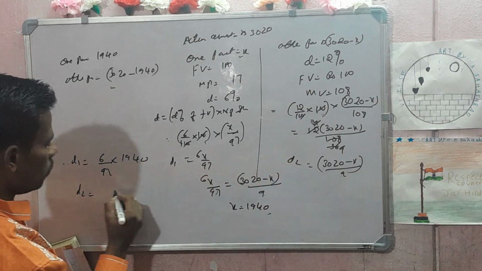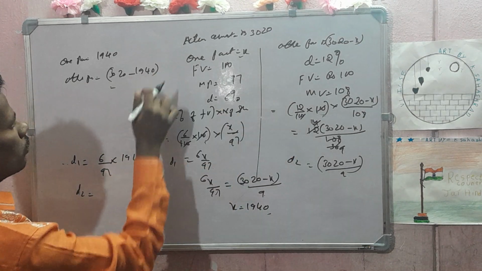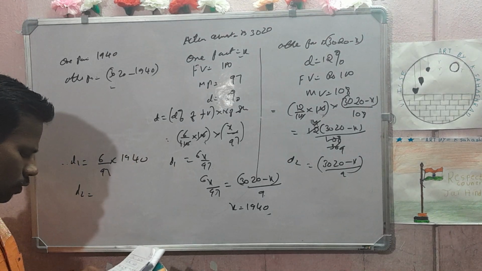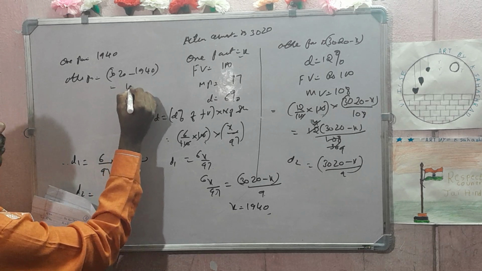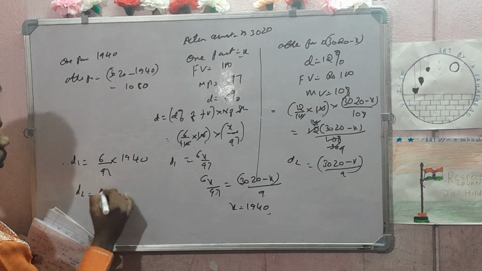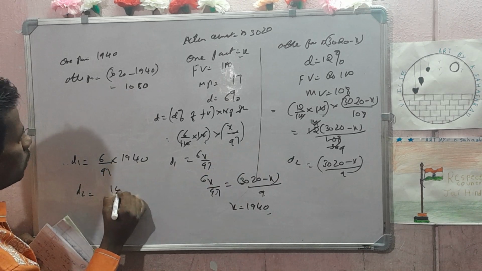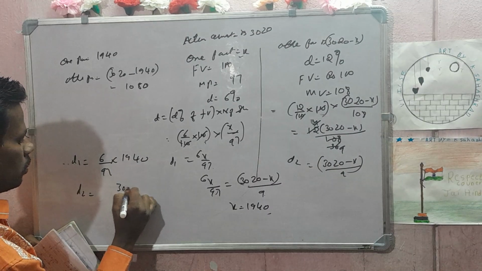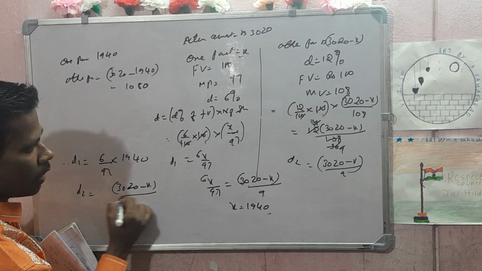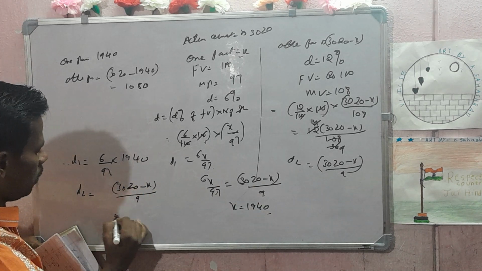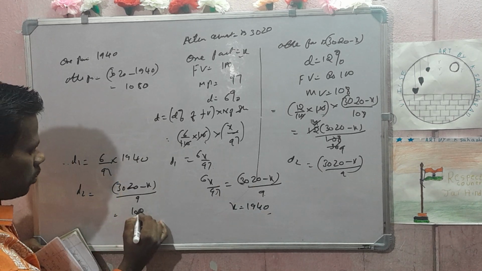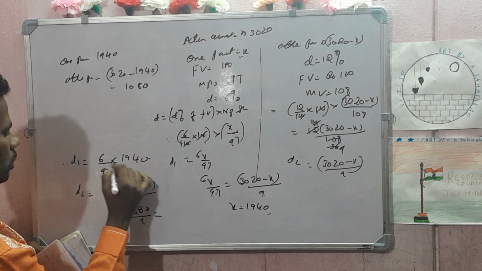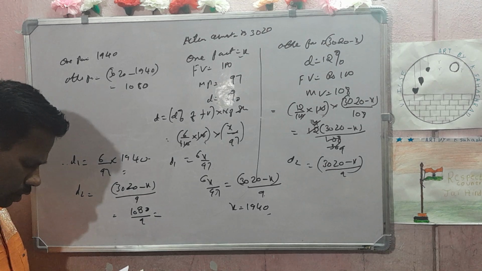D2 is what? 3020 minus 1940, that is 1080. So here D2 is nothing but 3020 minus X by 9, that is equal to 1080 by 9. So this value 6 by 97 into 1940 is 120.